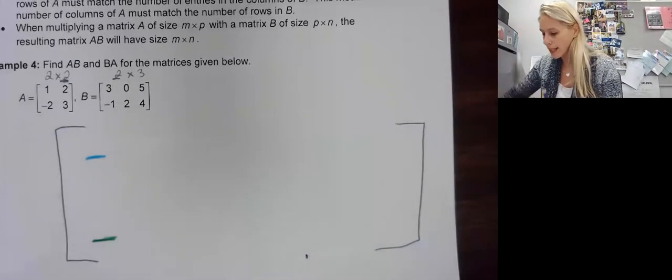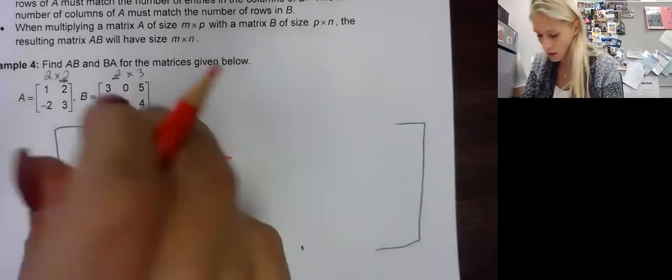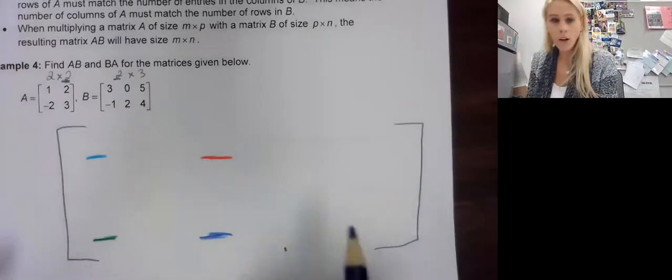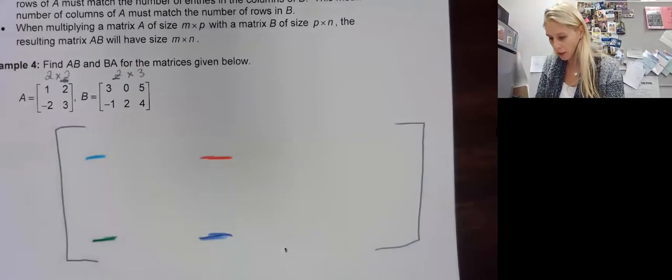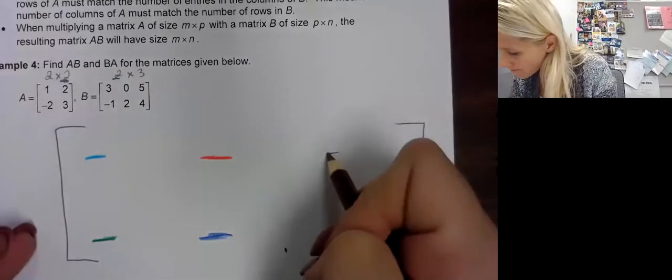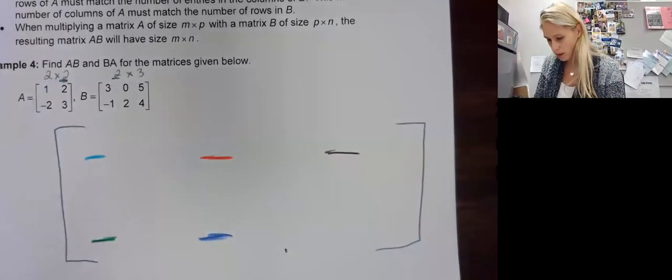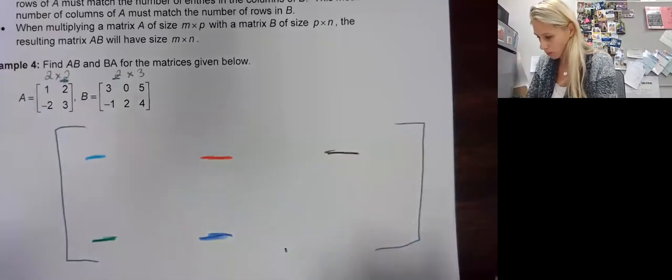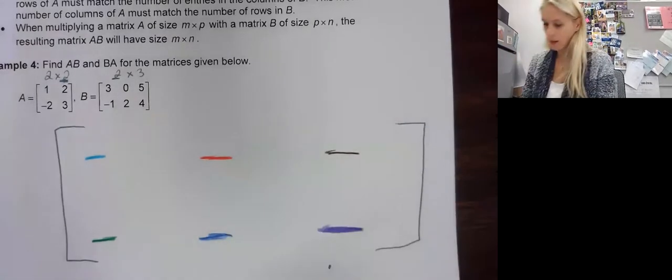Will you always have to do this? No. Hopefully, I'm using different colors in a way that many of you can see the difference. What color am I missing now? I'm missing purple. There we go.